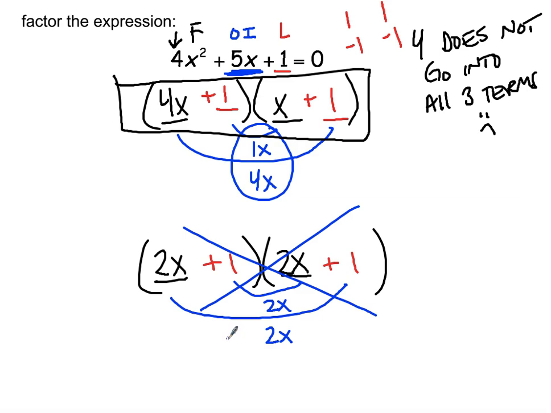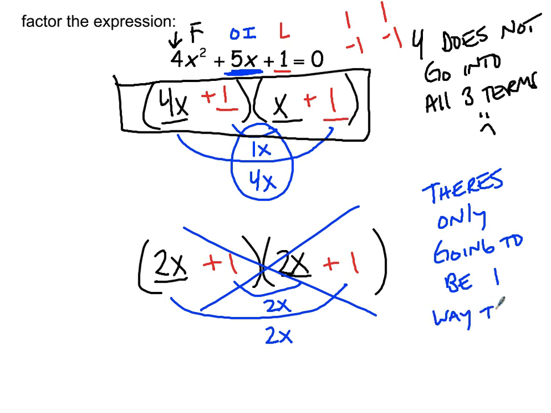So the idea is there's only going to be one right answer. There's only going to be one way to factor. But it does involve some guessing and checking until you get the right combination. Bottom line is you've got to check the outsides and the insides.